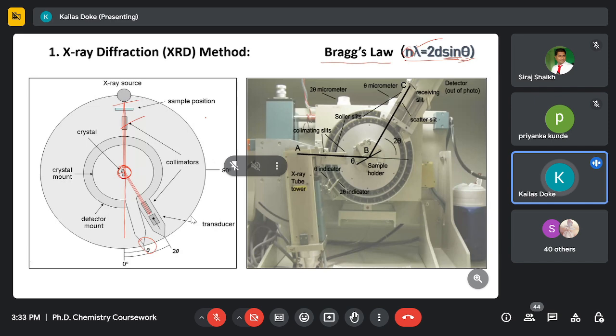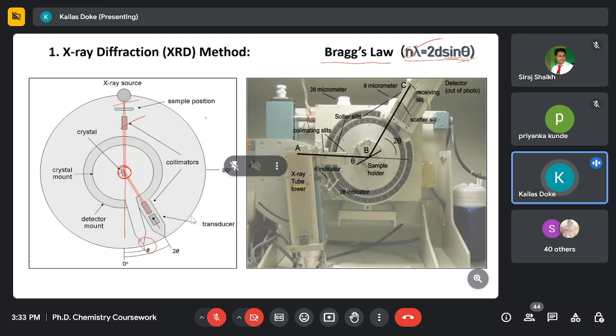Now, this is a crystalline material which has different planes, and the constituent atoms or ions are present in one plane. This is one plane, this is the second plane, the third plane. To find the distance between these two planes, this plane has to be assigned, and we need to know what kind of plane it is.